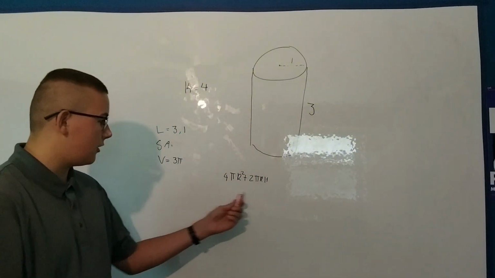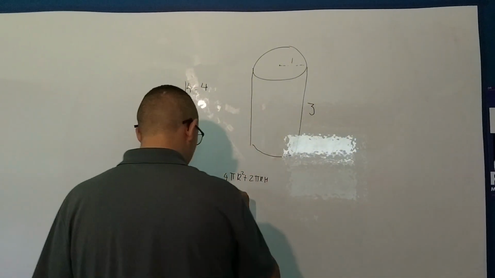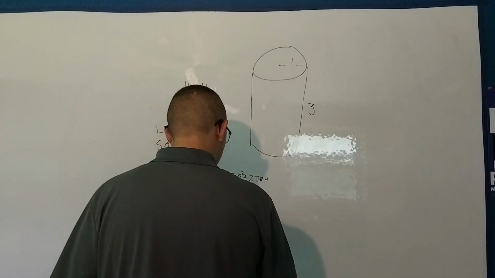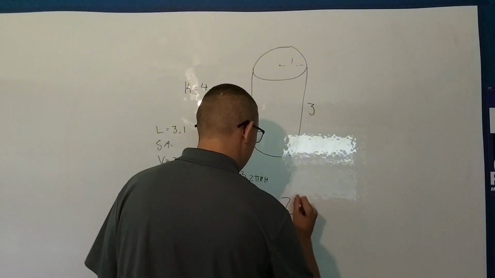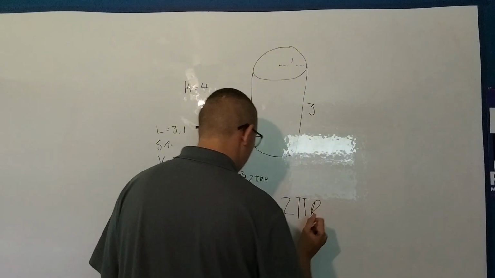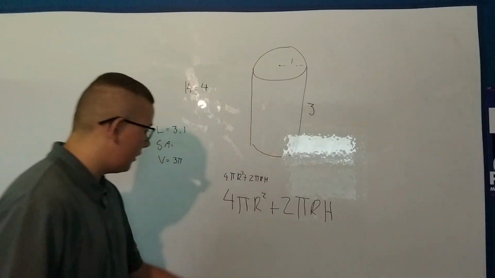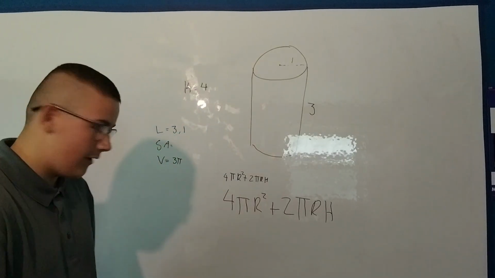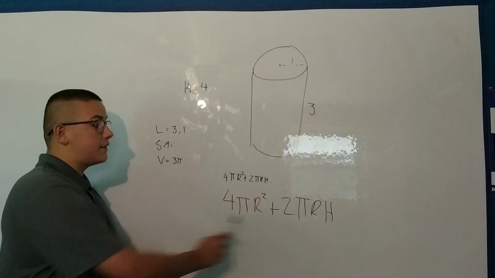This is how you solve for the surface area. Let me write that a bit larger. 4 pi r squared plus 2 pi r height. This could also be pi d h, however you want to do it. And that's how you solve for the surface area.